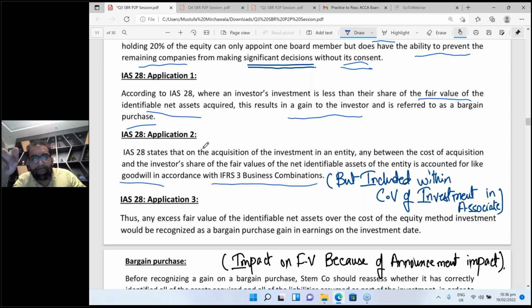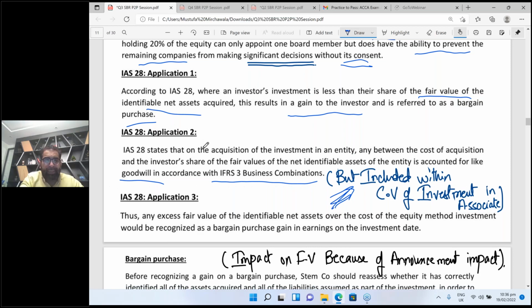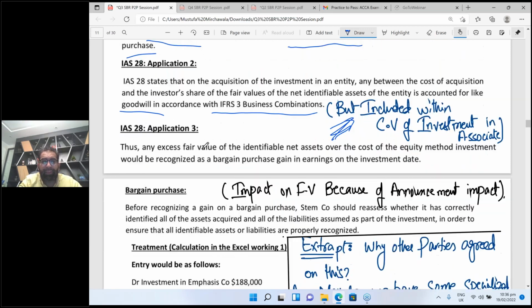I told you it is the same accounting, but one more thing I have written here to remove confusion: goodwill is included within the carrying value of the investment in associate. The goodwill treatment is the same, but positive or negative goodwill will be included in the carrying value of the investment in associate. I showed you this through entries. Thus, any excess of the fair value of the identifiable net assets over the cost of the equity investment would be recognized.